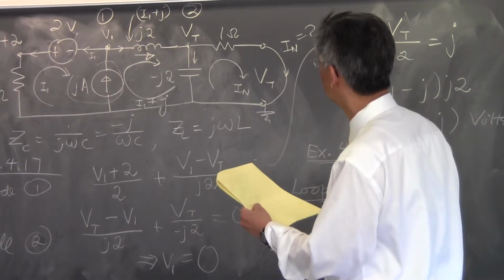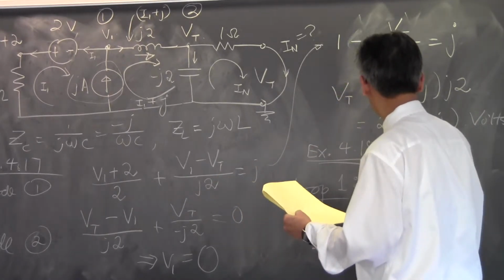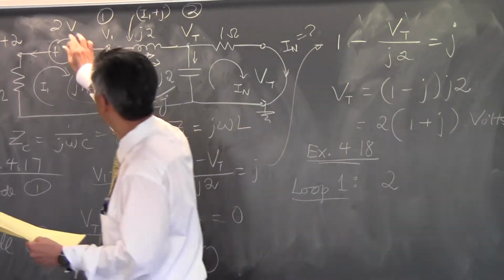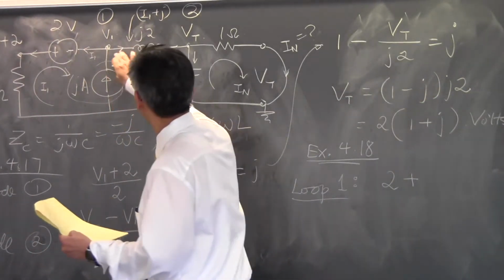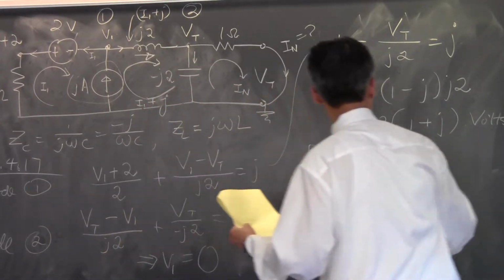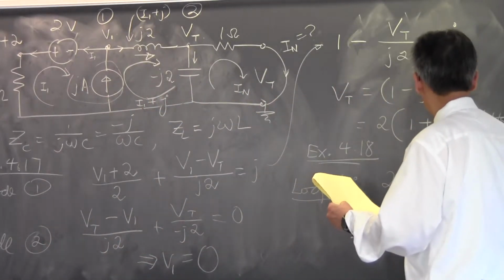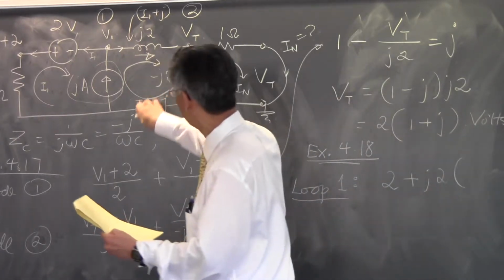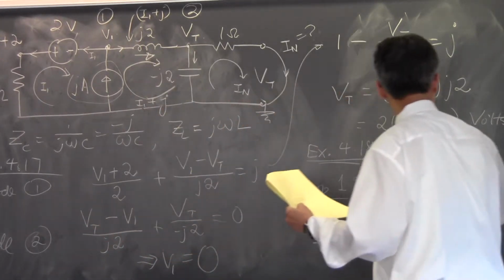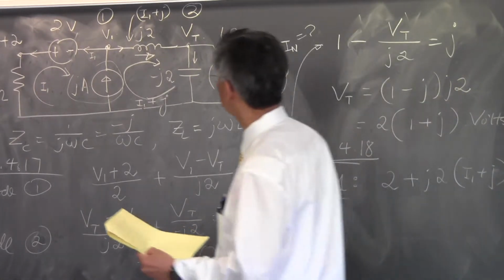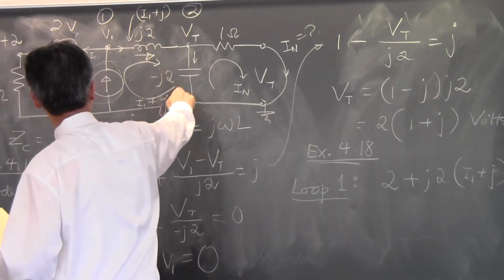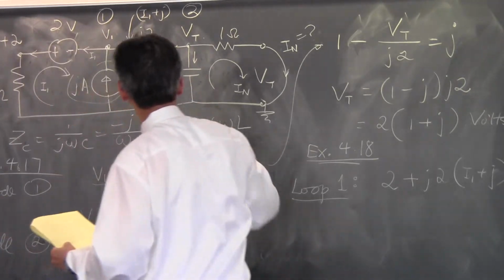So I have 2 volts coming from here. 2 plus the voltage drop across this thing, it will be j2 times the current through it. The current through it is I1 plus j. So I'm actually writing down Kirchhoff voltage law for this big loop.